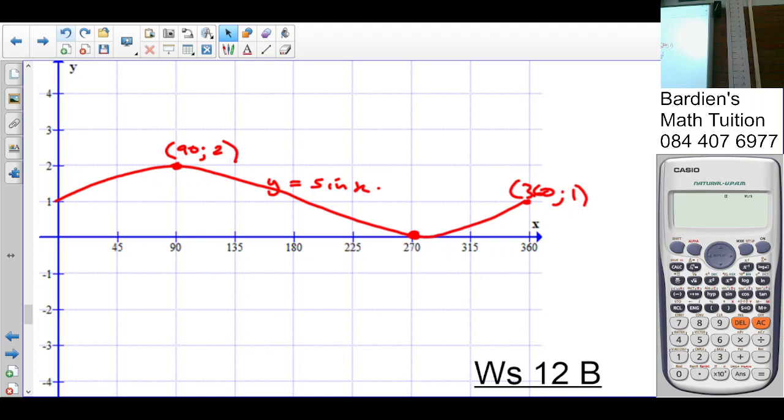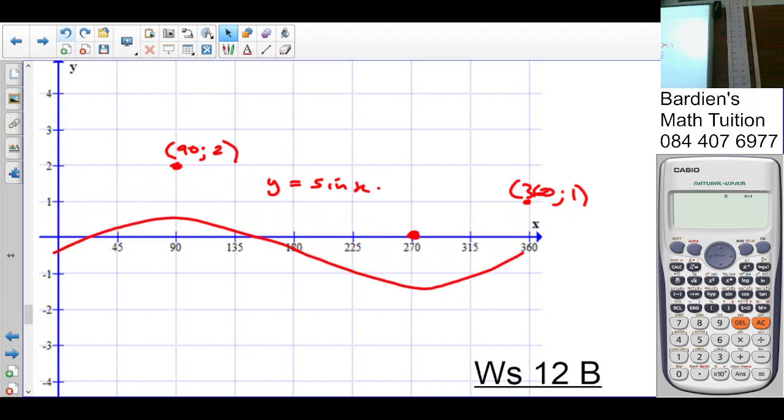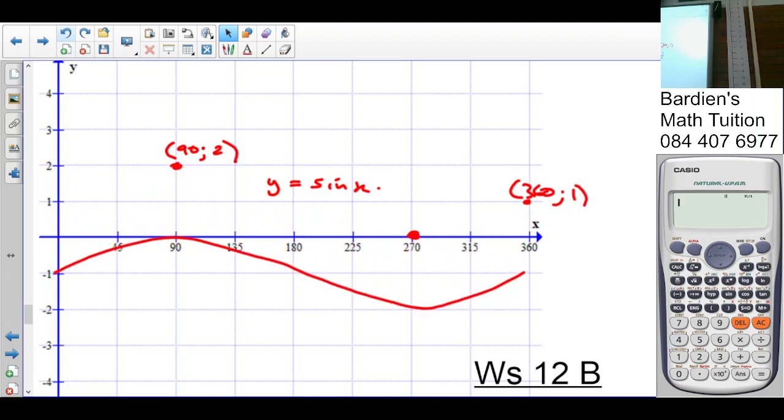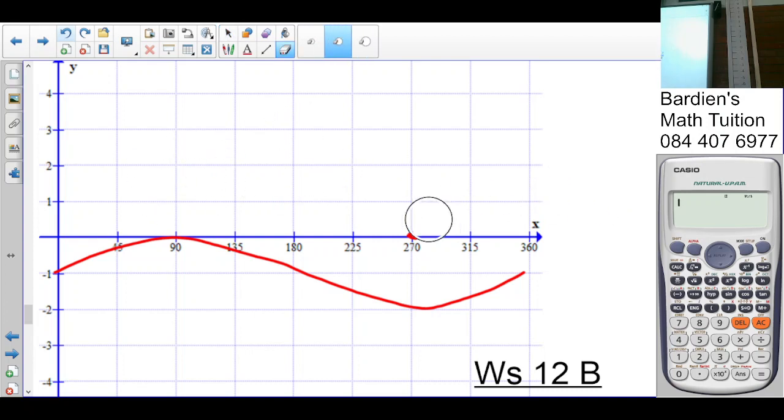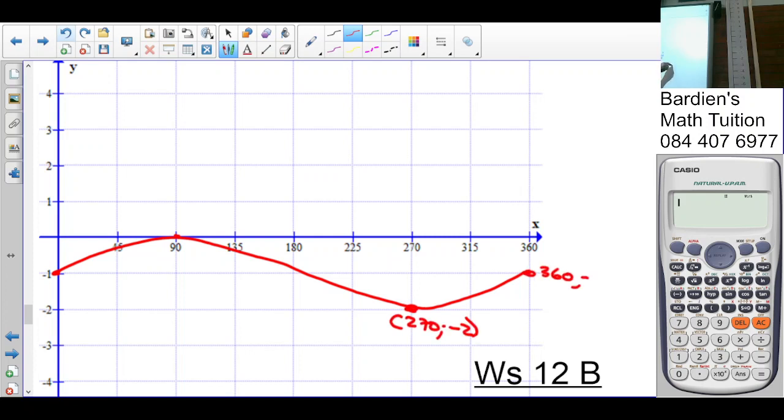Sorry? So minus 1. So you move 1 unit down. My mistake, I thought it was sine of x plus 1. So that's on an axis. That's also on an axis. And this here is going to be 270 and minus 2. It's going to be 360 and minus 1. Okay. So that is y equals sine of x minus 1.